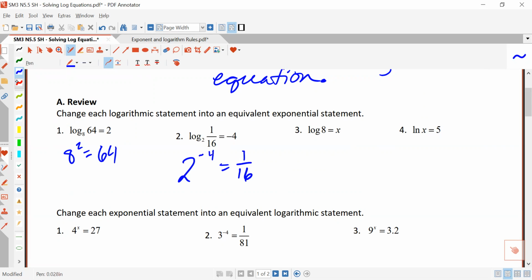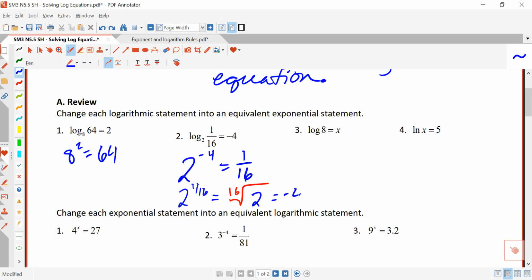As a comment, if you did 2 to the 1/16, that's actually equivalent to the 16th root of 2, and you'd be saying that was -4. If you look at what it actually is, you should be able to tell that maybe you didn't do it right.